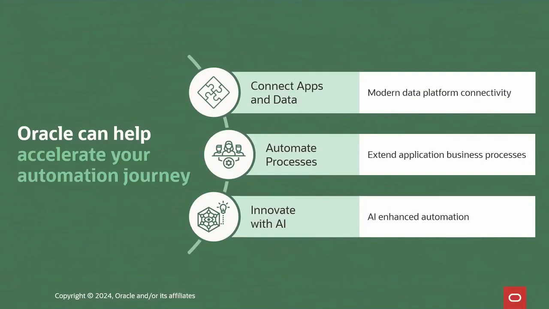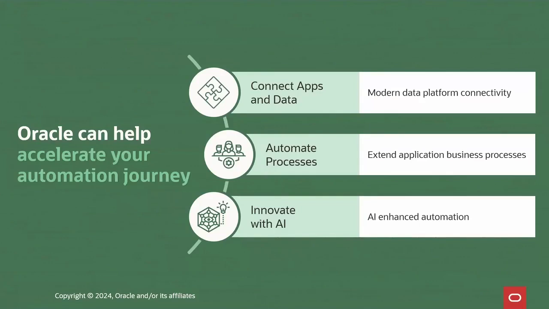On top of that, Oracle can also help you automate complex processes spanning applications, data, trading partners, and human workers. This will help reduce manual work, minimize human errors, and boost productivity, so that all employees can focus on the actual work or tasks assigned to them.